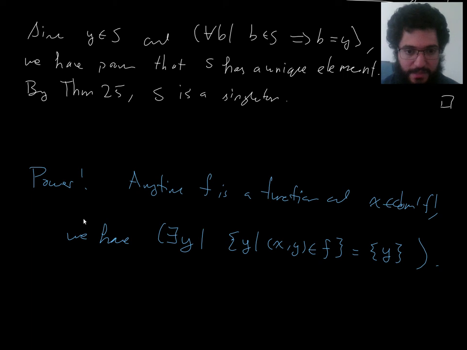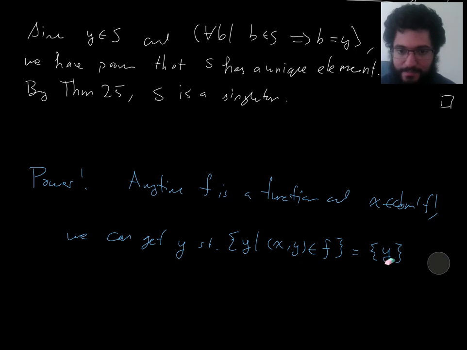So, in other words, our power is we can get a y such that this happens: the set of y's that get associated as the outputs to the input x is actually just singleton y. This means we can apply this occupant idea to this thing and extract the unique y which gets associated to x.